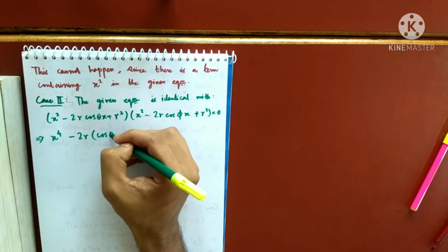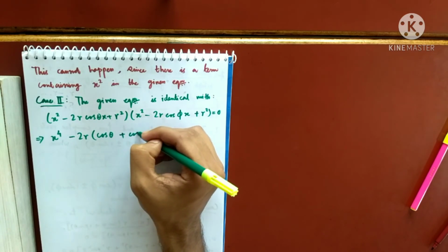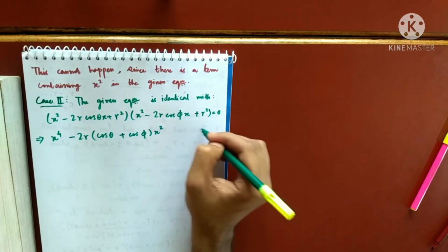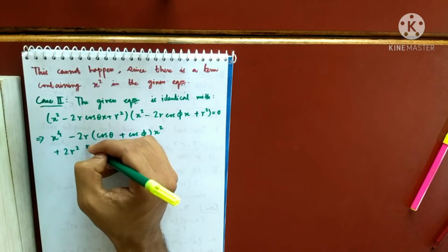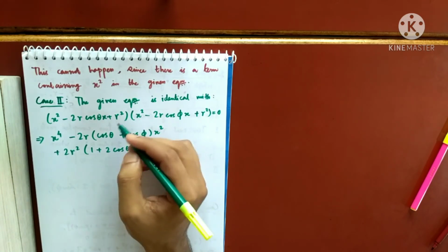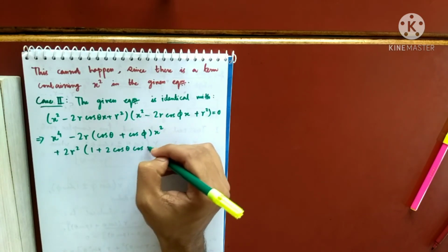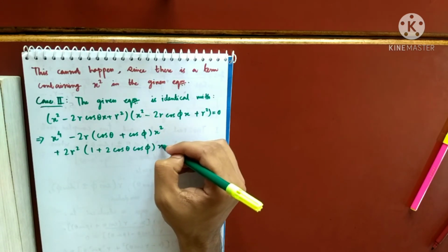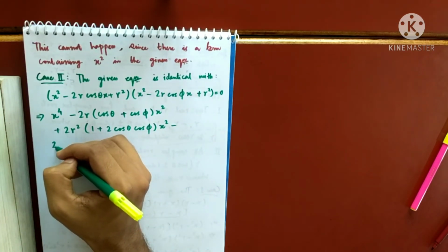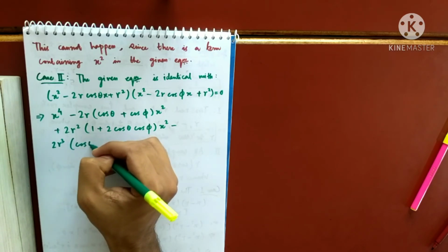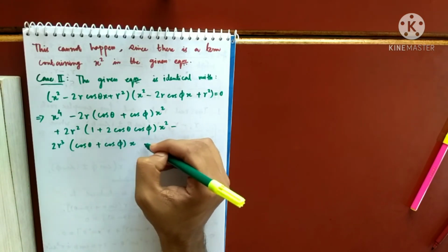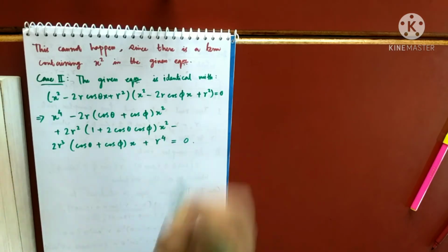So 2r, cos theta plus cos phi, x cube, plus 2r square, 1 plus 2 cos theta cos phi, x square, minus 2r cube, cos theta plus cos phi, x, plus r to the power 4 is 0.